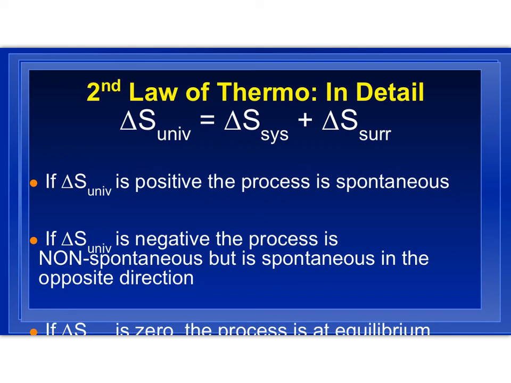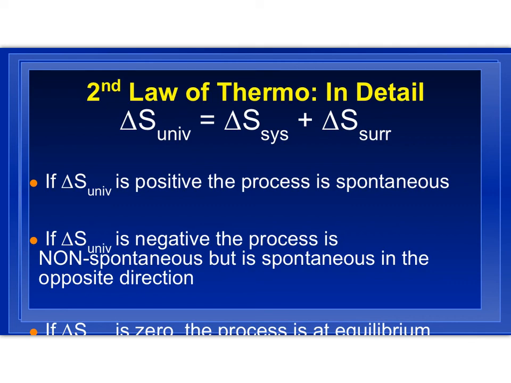All you need to know at this point is that if delta S universe is positive, then the process is spontaneous. If delta S universe is negative, then the process is non-spontaneous, but it's spontaneous in the opposite direction. And if delta S universe is 0, the process is at equilibrium.